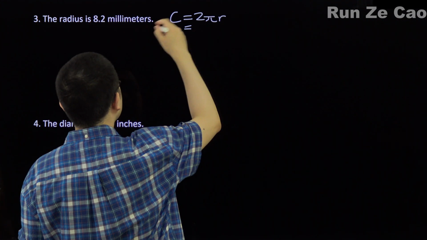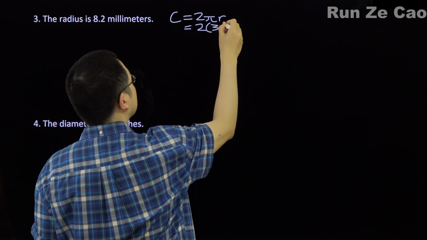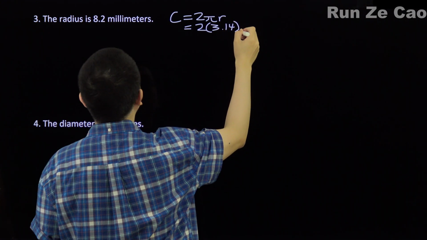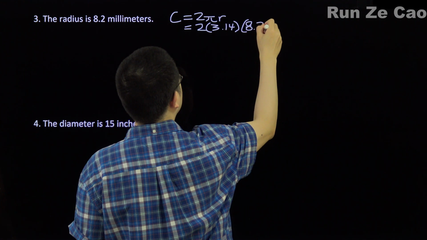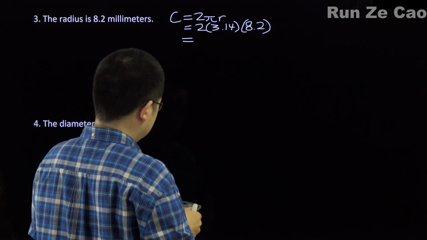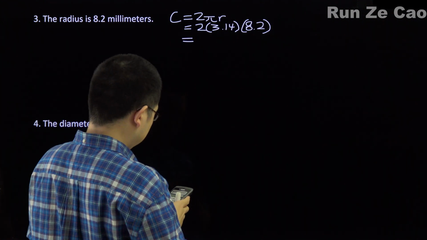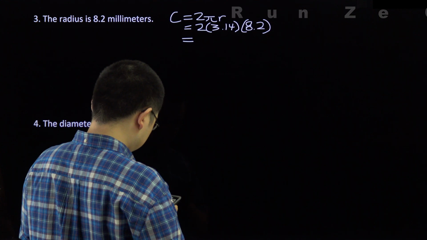The radius is 8.2 millimeters. So 2 times, we're told to use 3.14 for pi, r is 8.2 millimeters. So it's equal to 6.28 times 8.2.